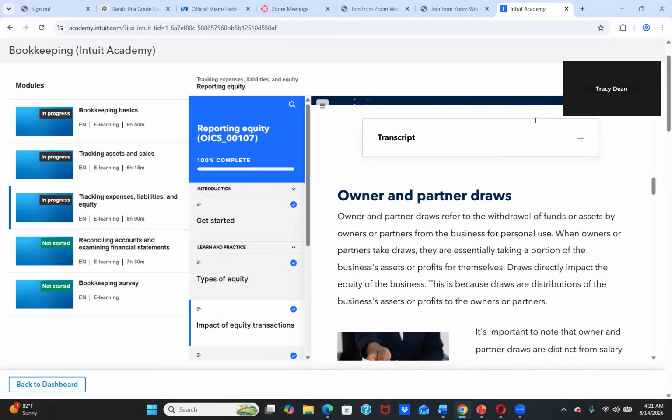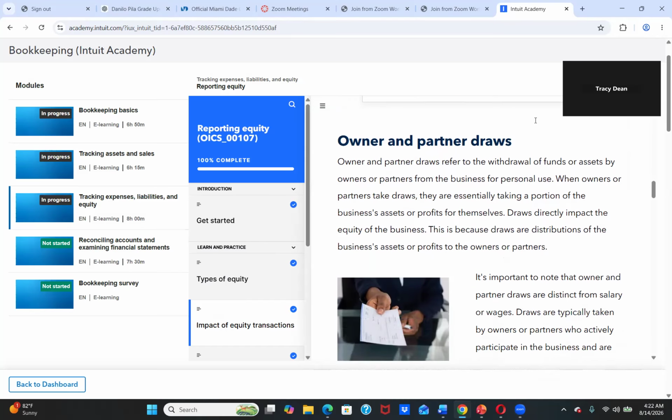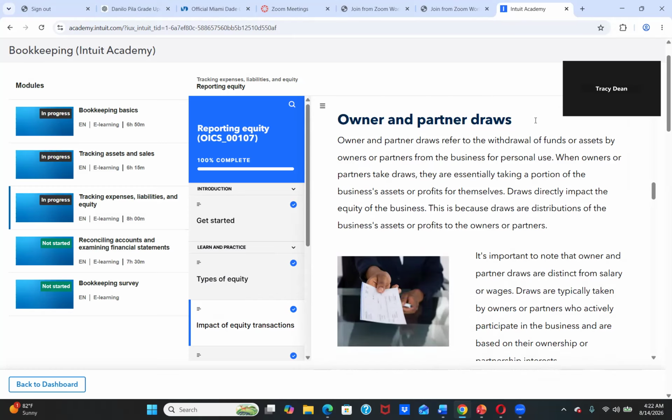So whether they take out money or they take out assets from the business for personal use, that is what we call owners draw. They're sometimes taking it out for themselves. And the owners draw impacts the equity of the business.